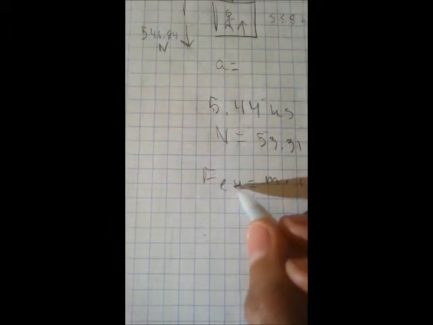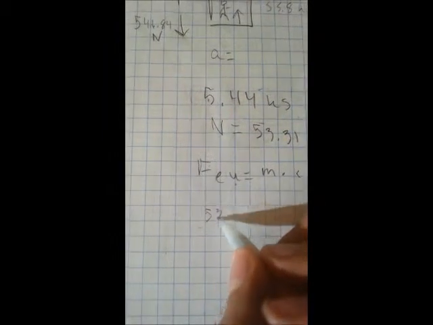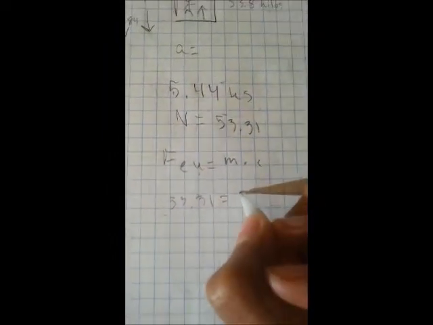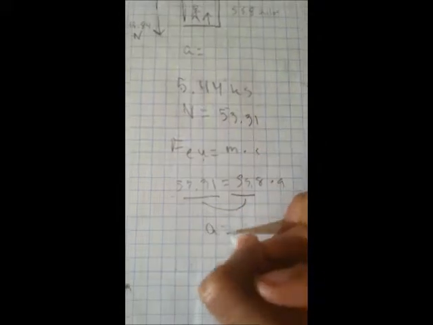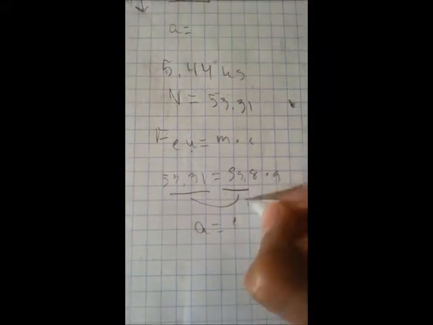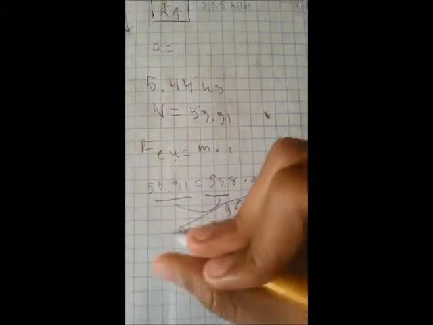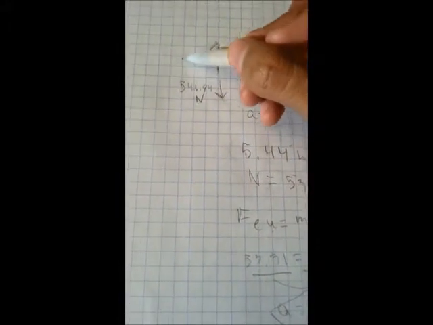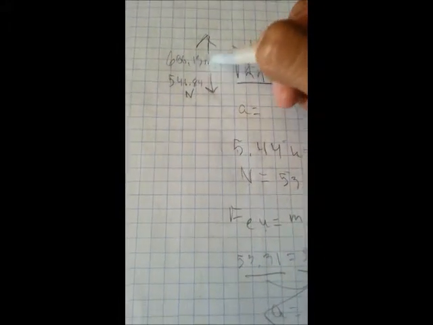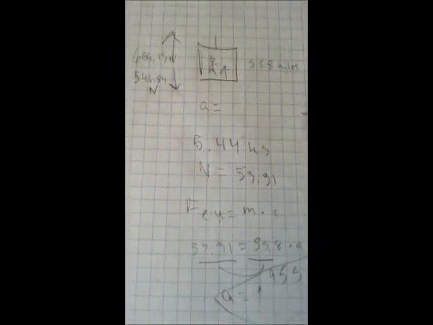So for my acceleration going up, 53.31 is equal to my original mass, 55.8, times A. I divide that here, and I get my A. That's how you get the acceleration, which is going to be 0.955 meters per second squared. And my net force is going to be 600.15 newtons, and that is what accelerates you up.